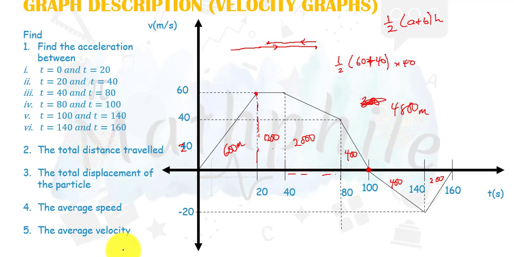Displacement will be... is it going to be the same 4,800? No. Why so? Because it covered a specific distance, then after that it stopped and went back.